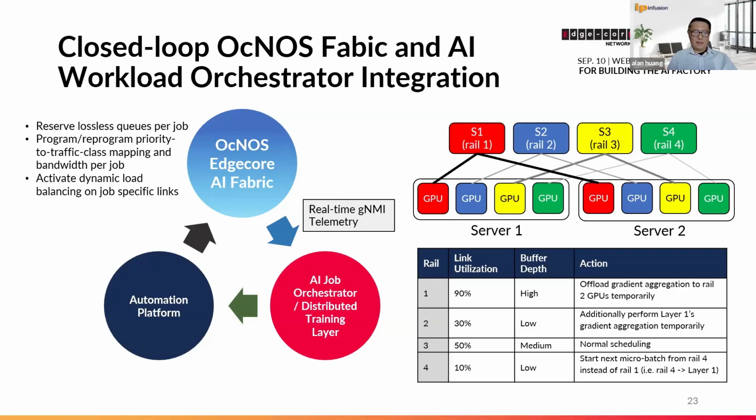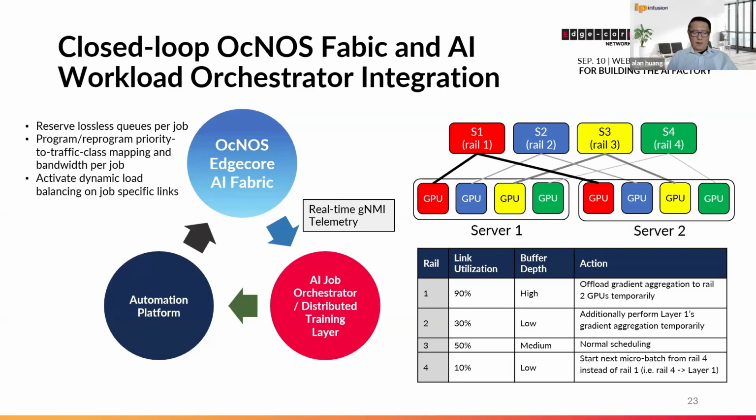And simultaneously, with rail 4 underutilized at only 10%, once that information is conveyed to the AI system, it can take advantage of that and start the next micro batch from rail 4 instead of defaulting to rail 1, which is already super busy with the high congestion in the network.